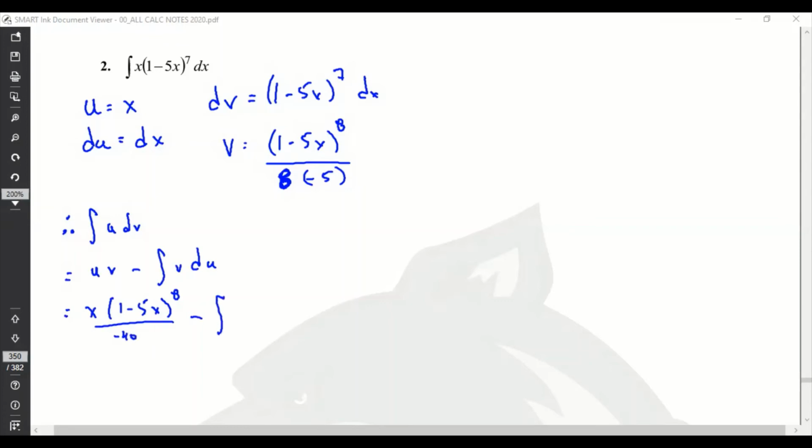We're going to subtract the integral of (1 minus 5x) to the 8 over negative 40 times du, which is dx.